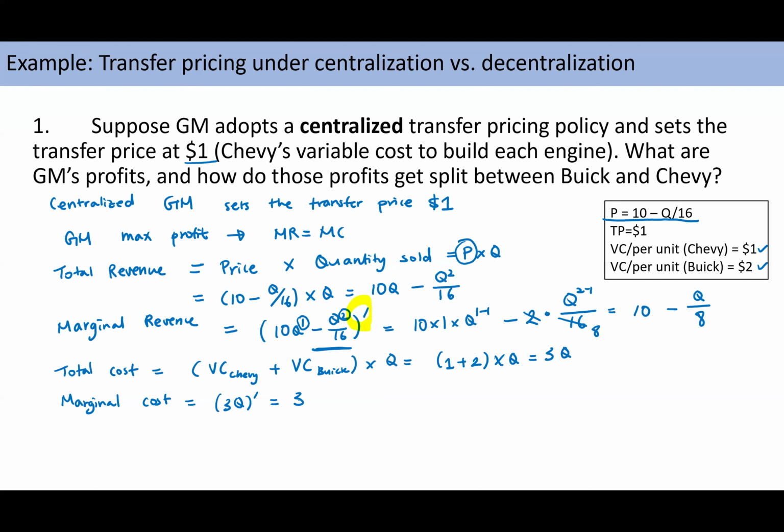So now we can find the quantity sold that will maximize our profit by finding the point where marginal revenue equals marginal cost. We just plug in what we found. Marginal revenue was 10 minus Q over 8, and marginal cost was 3. If we move things around, we find that the quantity that maximizes our profit is 56 cars.